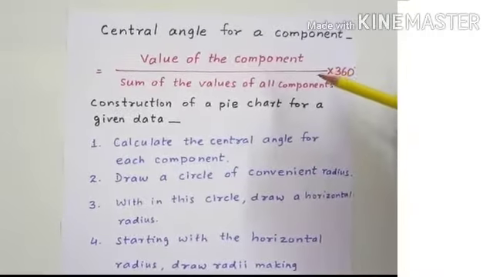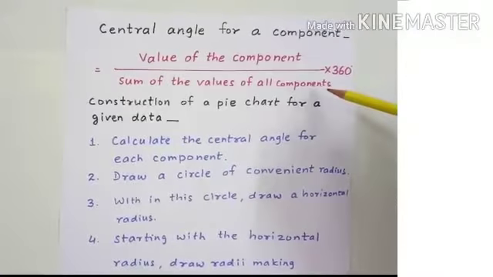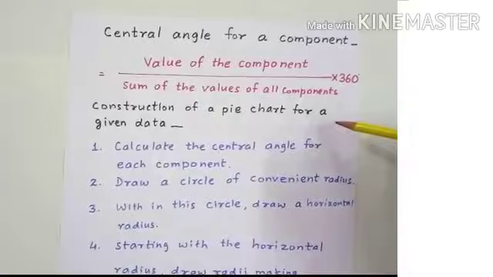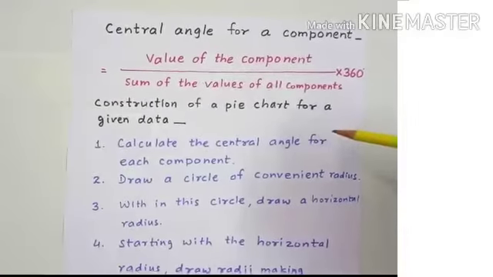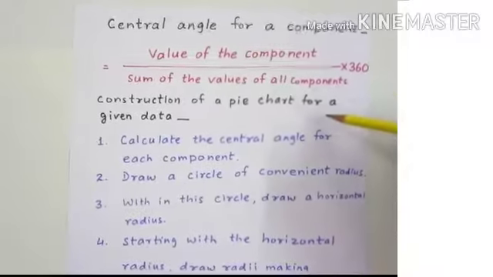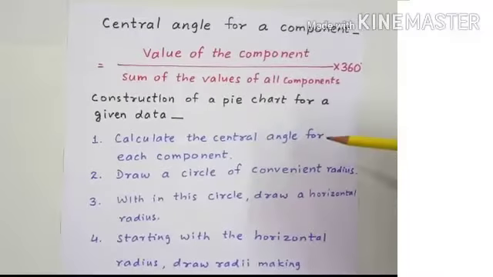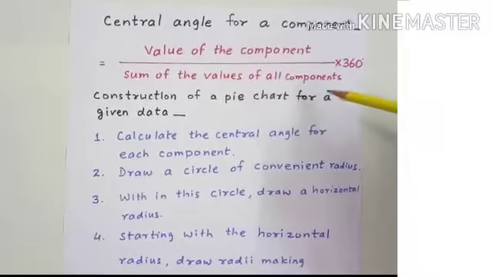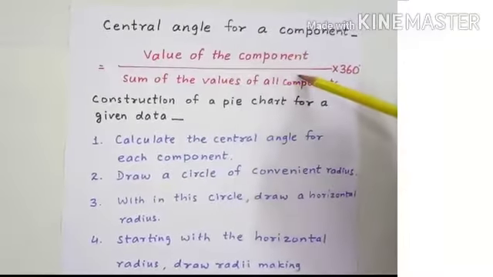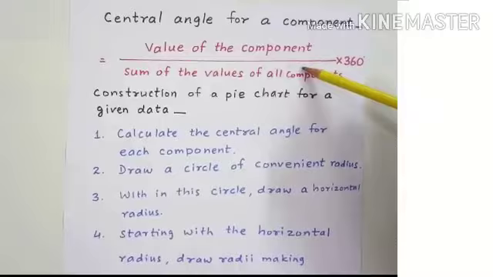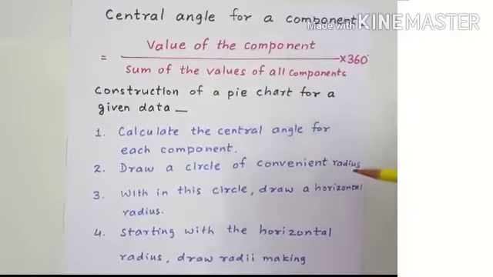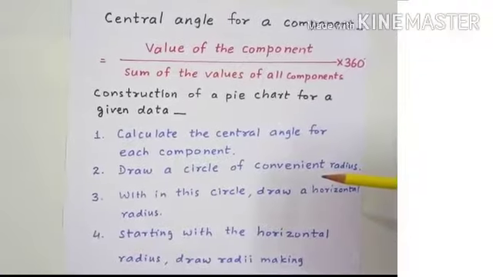Now I am explaining to you how to construct pie charts. First of all, we have to find the total of the given values of the data. Then find the central angle using this formula. Then we draw a circle of any convenient radius.